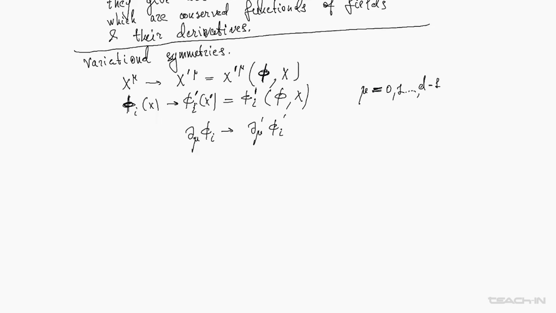Let's start with the proof, how we can do that. First of all, the theorem requires that we consider symmetries of the action up to a boundary term.